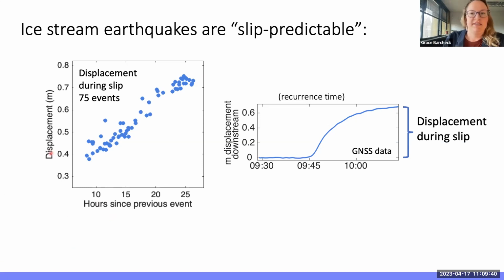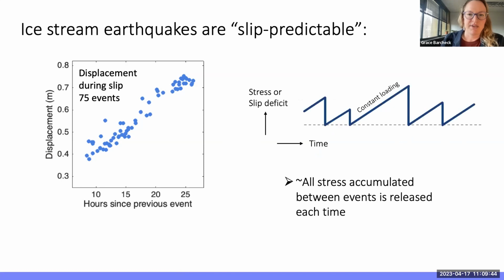And so this nice linear trend suggests that the glacial stick slip cycle seems to be slip predictable, which means, if we consider a constant loading rate over time, a slip predictable system is one where the stress or the slip deficit that accumulates between each event drops back to some background level during each event.